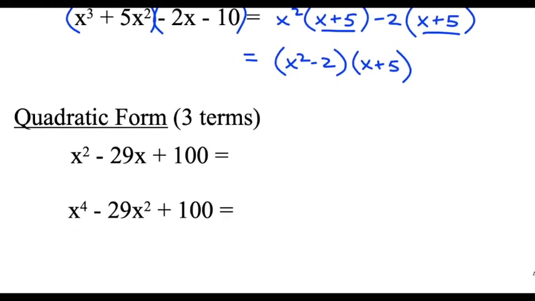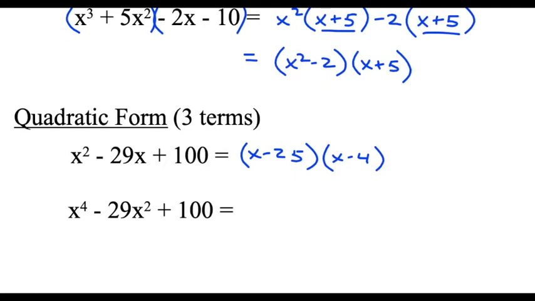You all know how to factor that, right? What's it go to? x minus 25, x minus 4, yes? Yes. All right, now notice the difference on the second trinomial. All I've done is change the powers on the first term and the middle term. This can be factored very similar to what I've done up here.